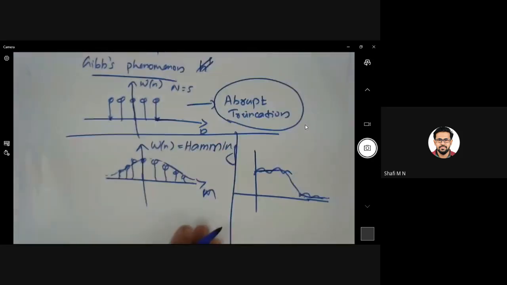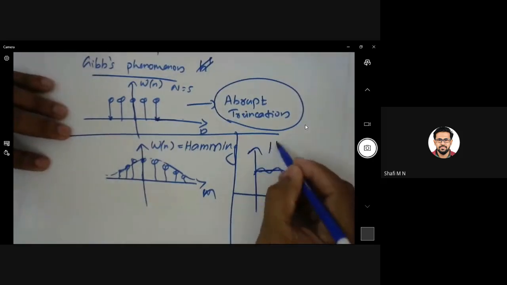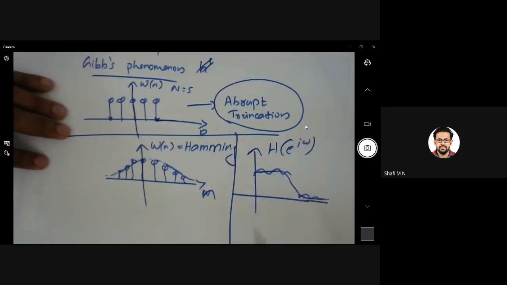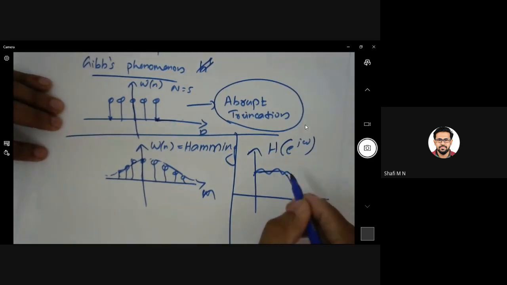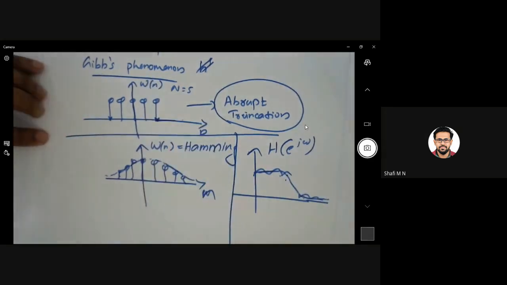This is the frequency response, say H of e power j omega. There you will have oscillations, and this phenomenon is referred to as Gibbs phenomenon.